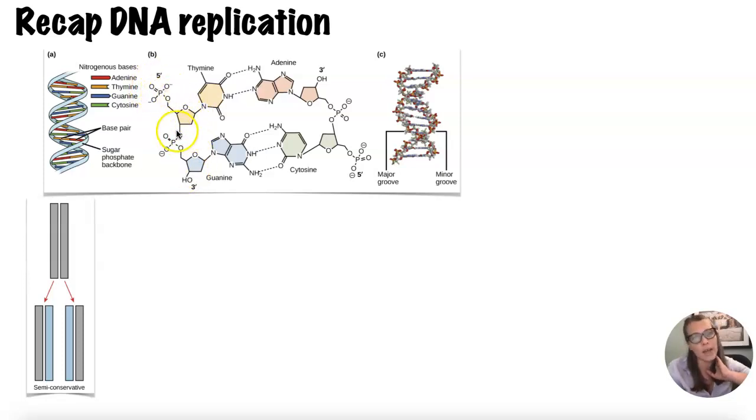On the other hand, this one down here is bonding with the OH group. So the 3 prime has the OH group here, and then that H will bond with the next phosphate down here. But the carbon is bonding with the OH group, okay?